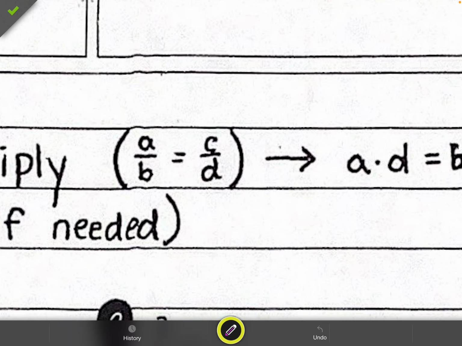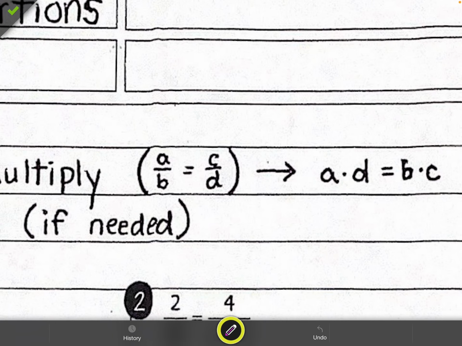And to cross multiply, what you're going to do is take these 2, and you can circle them. Some people just draw arrows, but you're going to circle those, and those are the ones that you are going to multiply. So we're going to say A times D. Then we're also going to cross multiply the other 2.